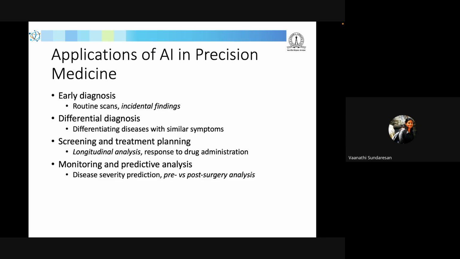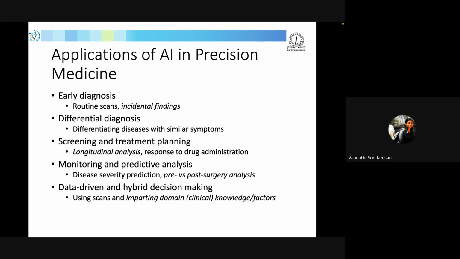Monitoring and predictive analysis. So this could also be used in treatment. You see how the lesion is progressing pre and post surgery, for example, or any intervention, and you see how the disease severity has progressed, whether you have to change the intervention or can you put the patient under the same treatment and continue with the treatment.